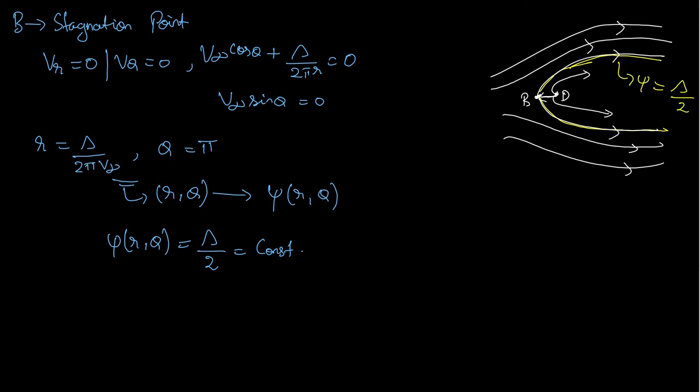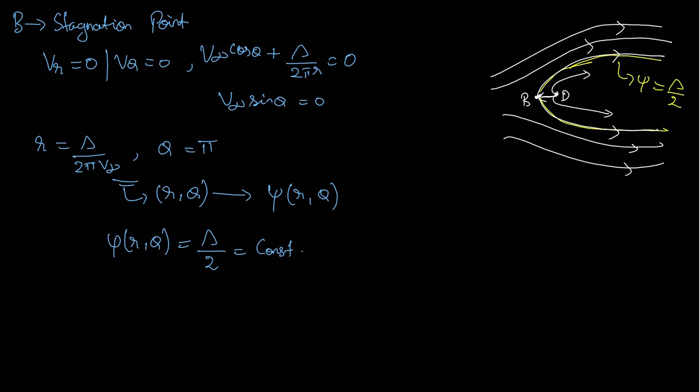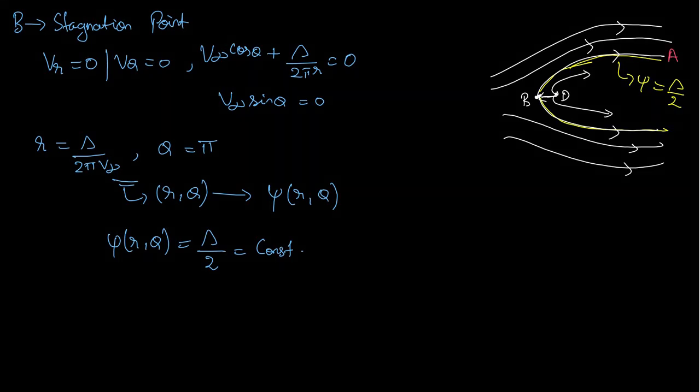Let me just label this once. I'll call this A, I'll call this B. I'll try to redraw that streamline alone. So that would look like something like this. I have to call this something because I already have A here.